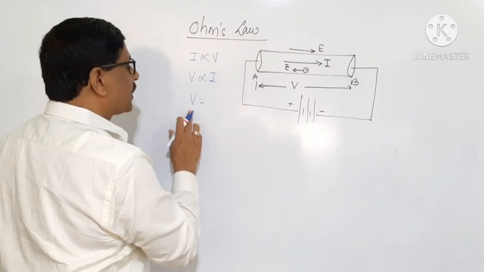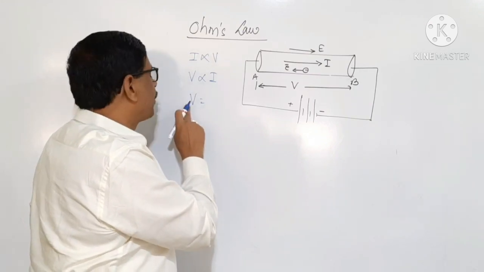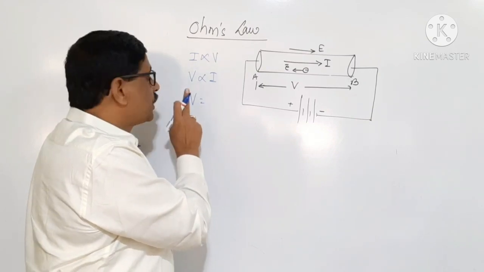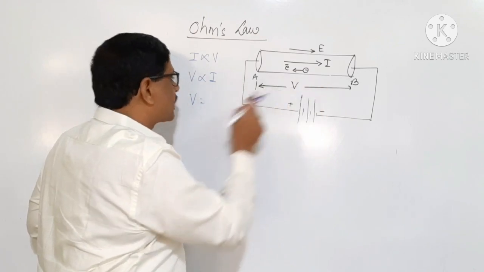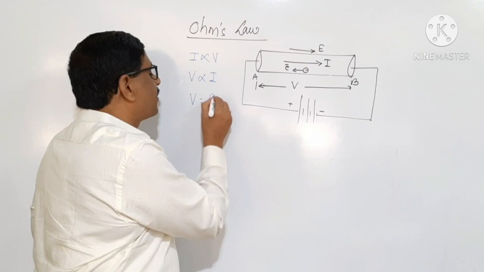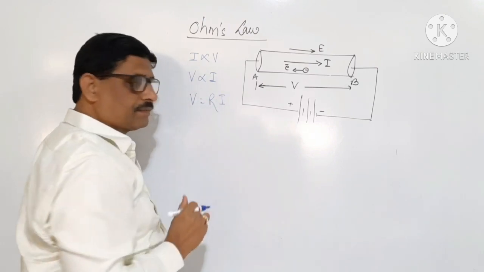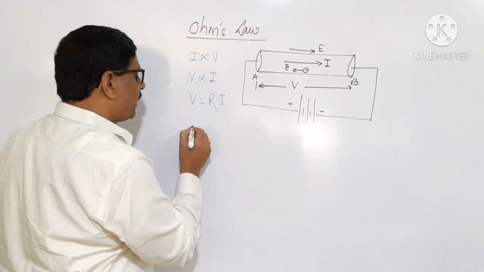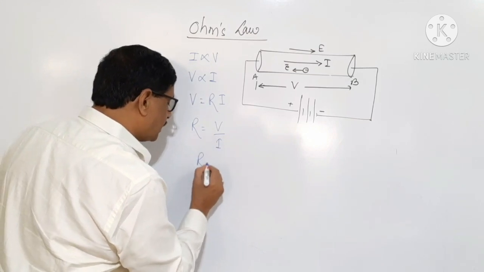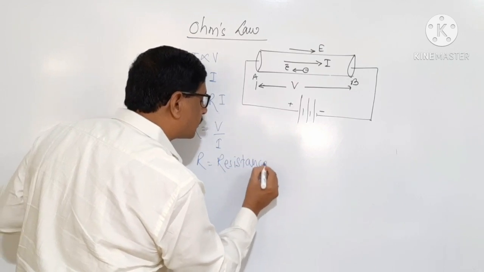Therefore the potential difference V, most of the time we call it a voltage, across the conductor is equal to the constant of proportionality R times I, and therefore R is equal to V divided by I, and this R is called the resistance of the conductor.